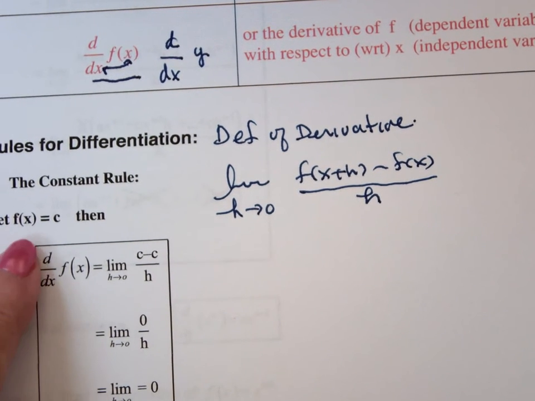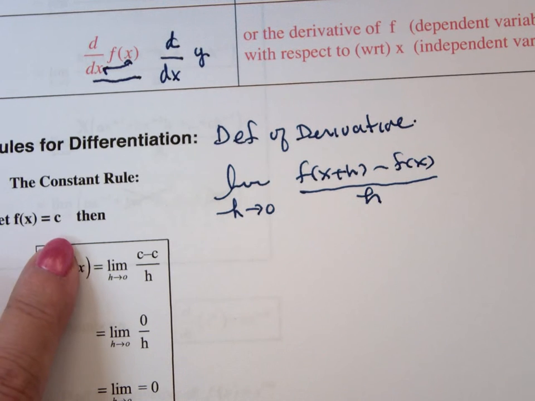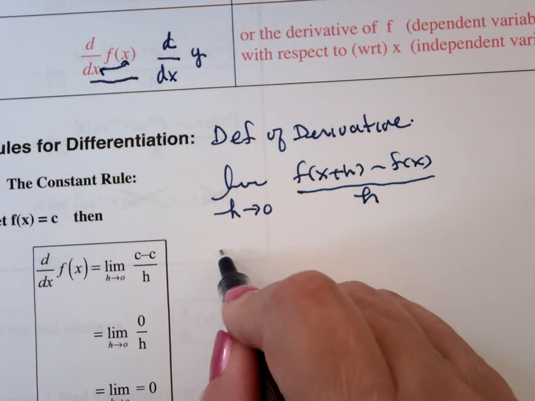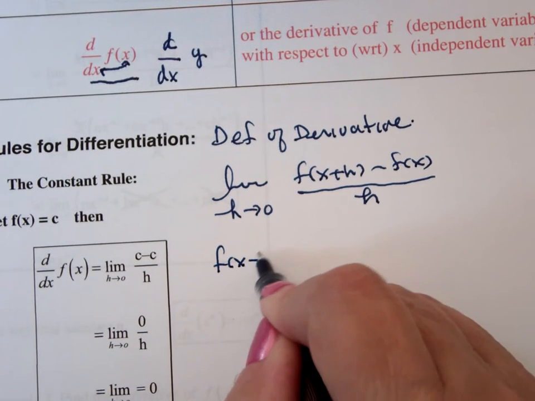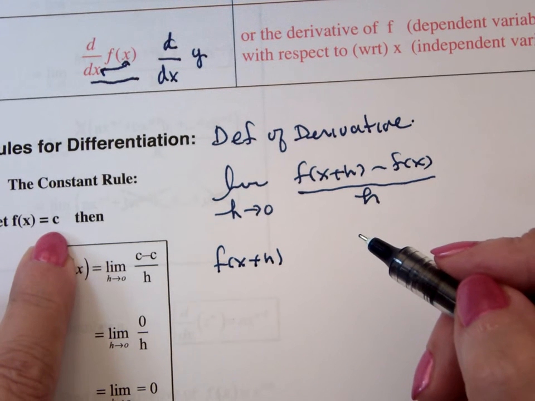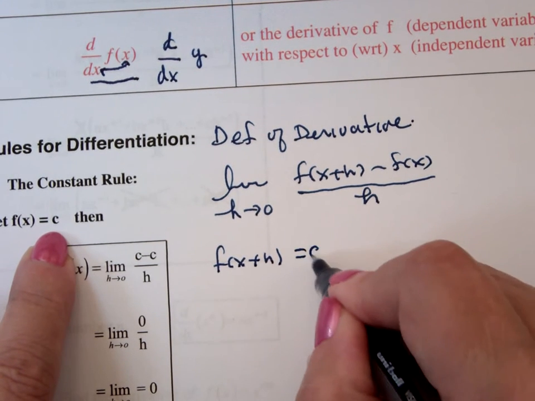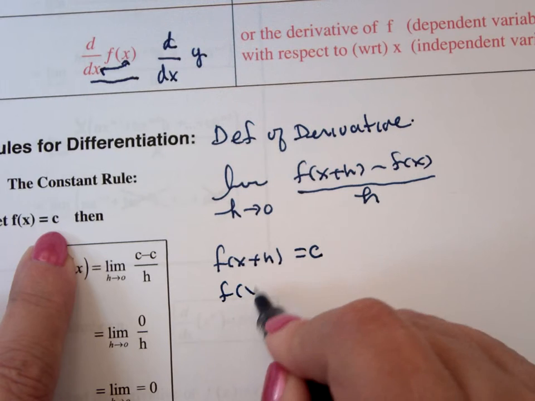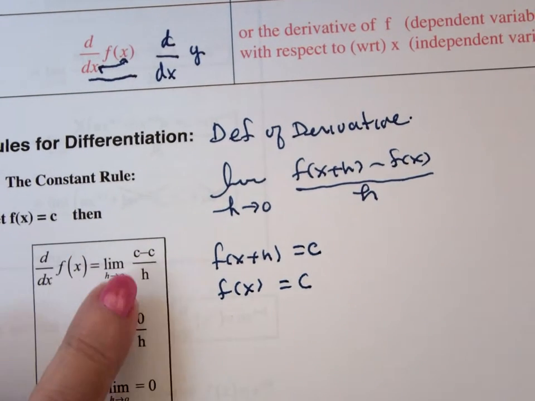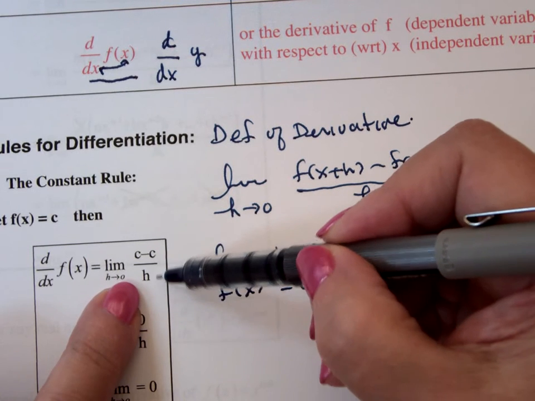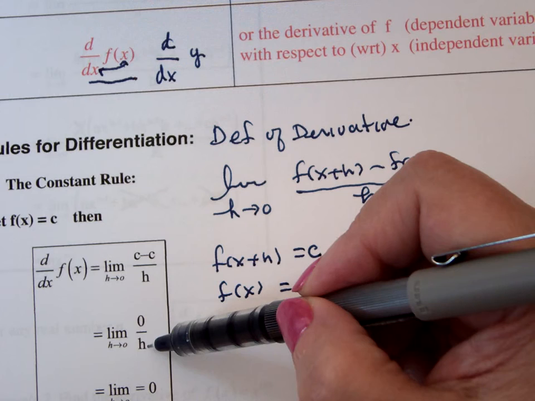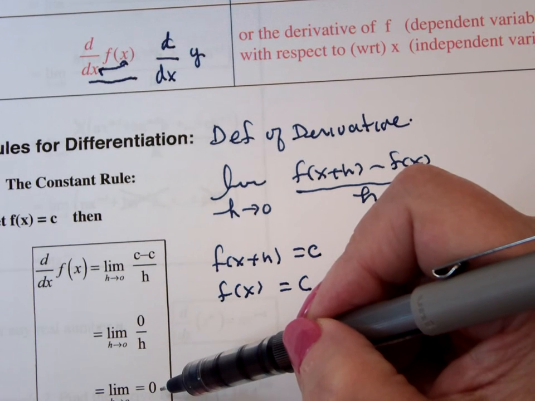So if I know that f of x is equal to c, then f of x plus h, well, there's no x's, it's just c. f of x is just c. So what are you going to have? You're going to have c minus c divided by h. 0 divided by h is 0.